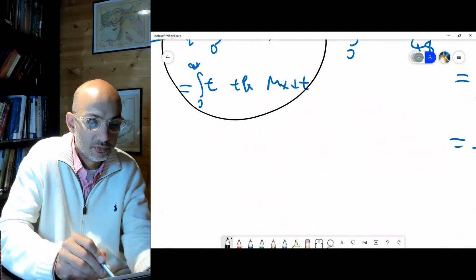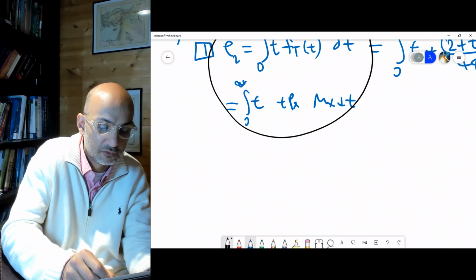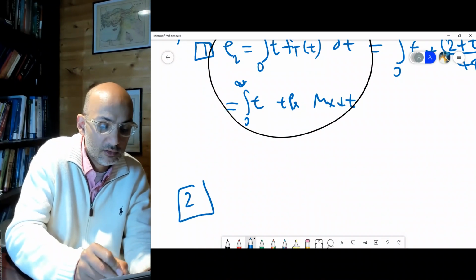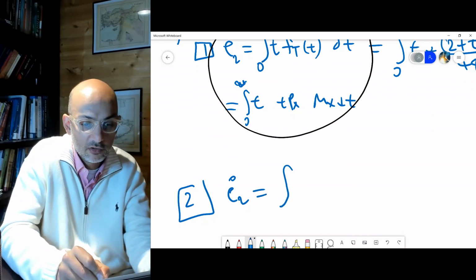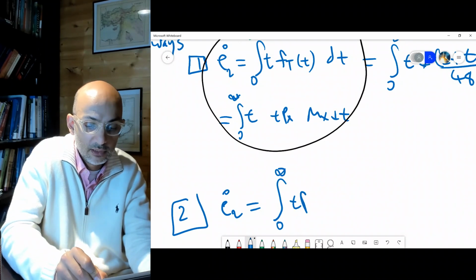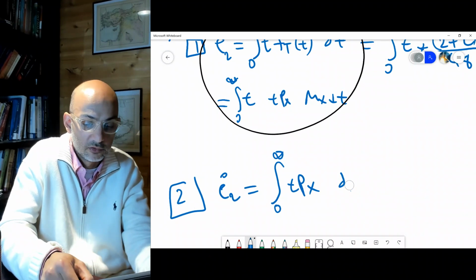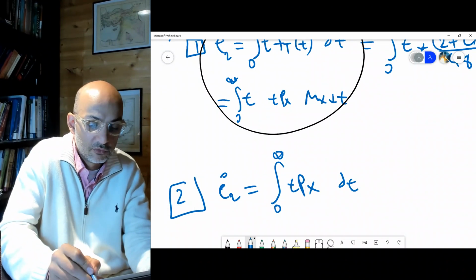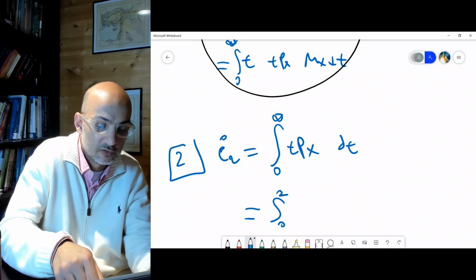You need to choose which one is easier for you. The second one is e to 0, using the relationship 0 to infinity of tpx dt, and for our case it will be 0 to 8.